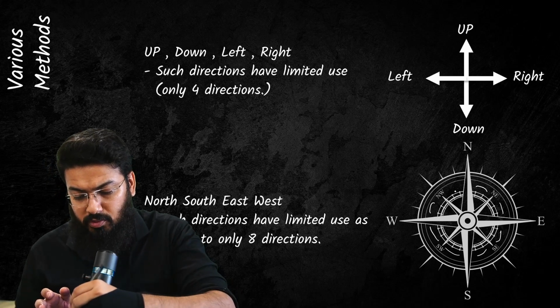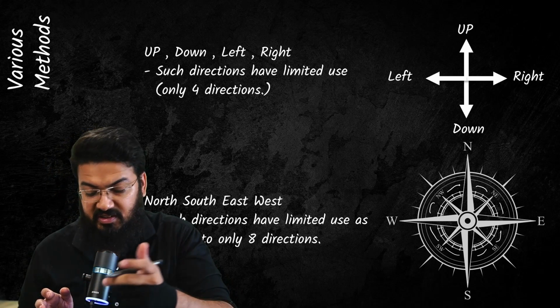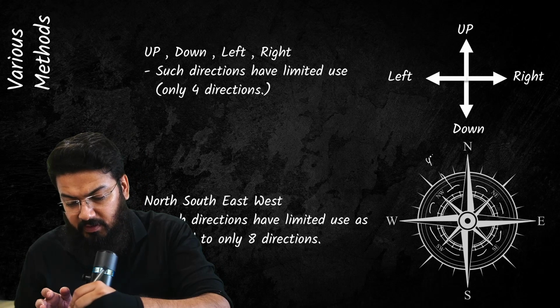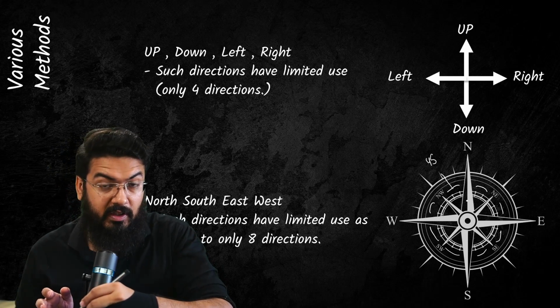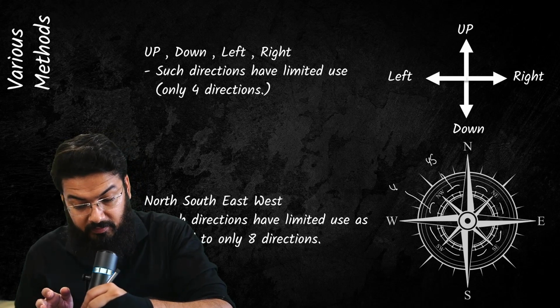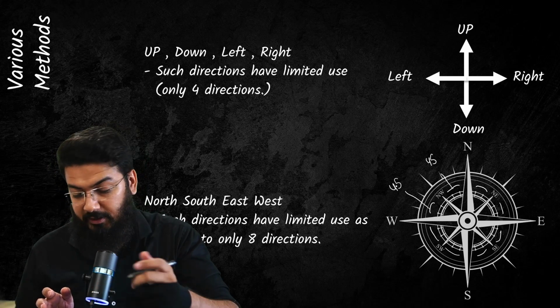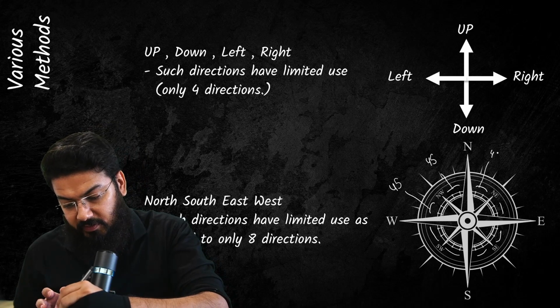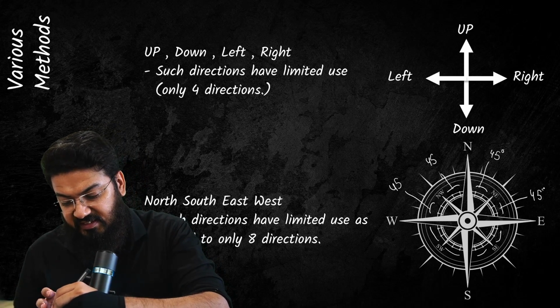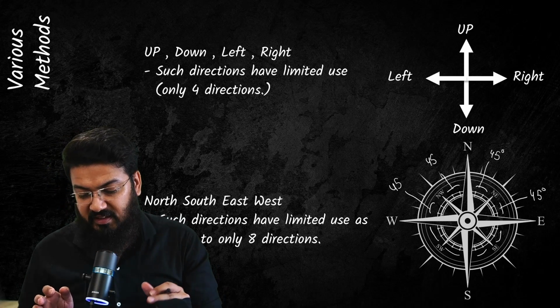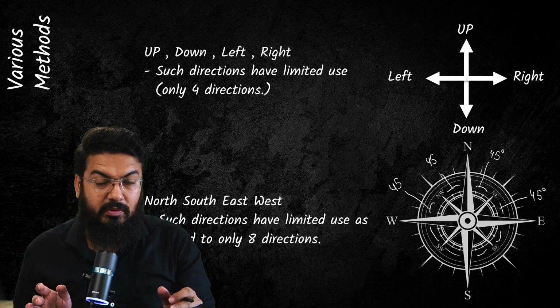What you need to remember is that each of these directions is exactly 45 degrees. Northwest is 45 degrees from the north and 45 degrees from the west as well. Northeast is 45 degrees from the north and 45 degrees from the east as well. So that's a little something you need to know about north, south, east, west.